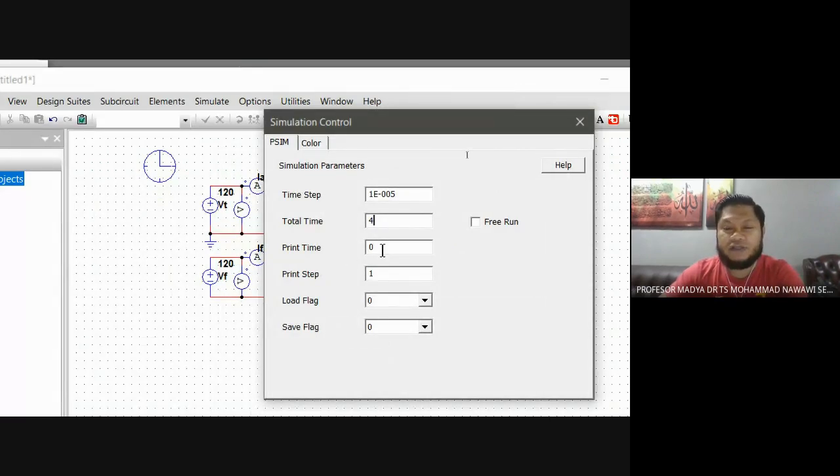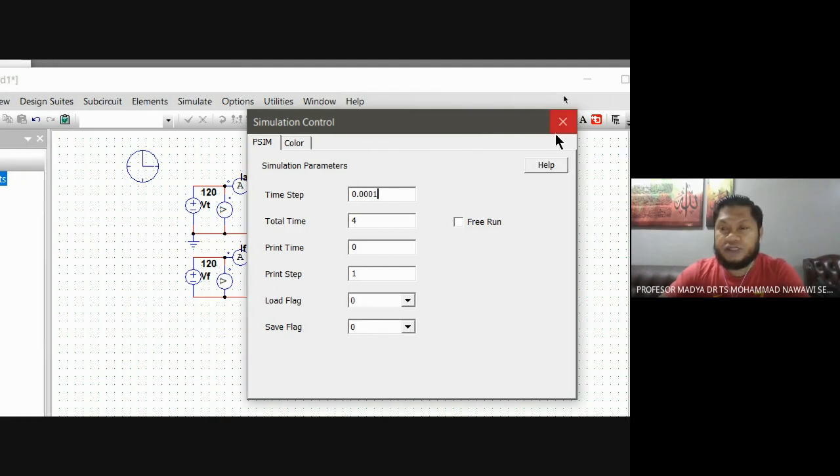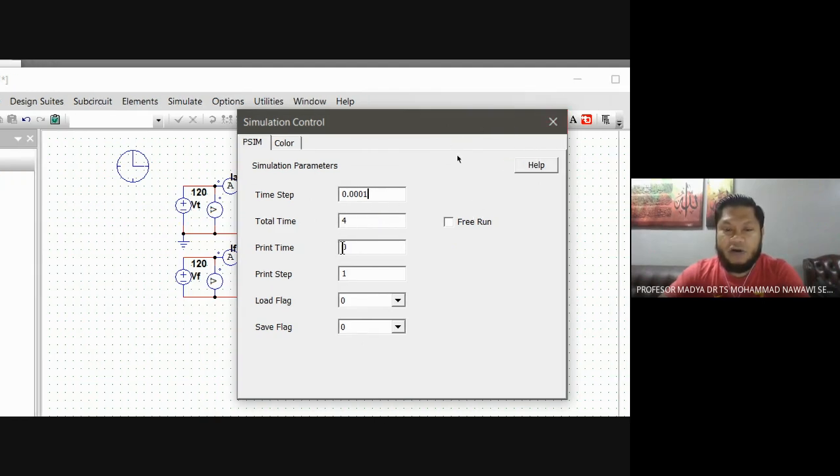You're going to start with 0, and the time step is 10 to the power of minus 4, 0.0001, for example. So we're going to stop at 4, and we're going to record all the data, all the points starting from 0.